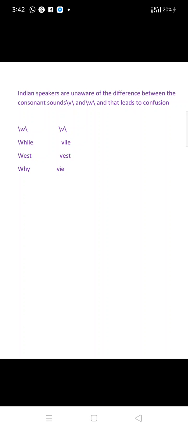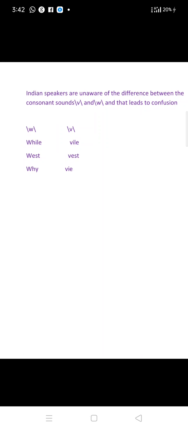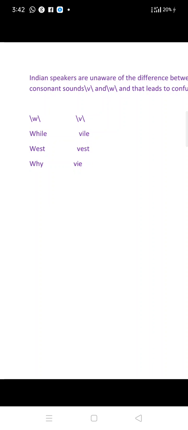Okay. Next problem is Indian speakers are unaware of the difference between the consonant sounds. Okay, so there are two sounds.